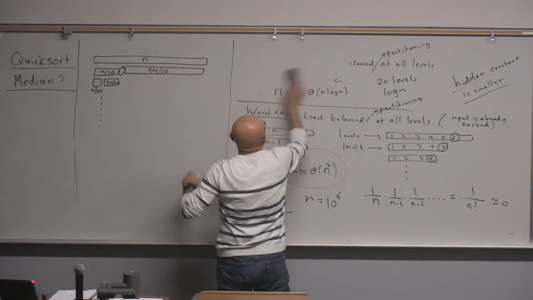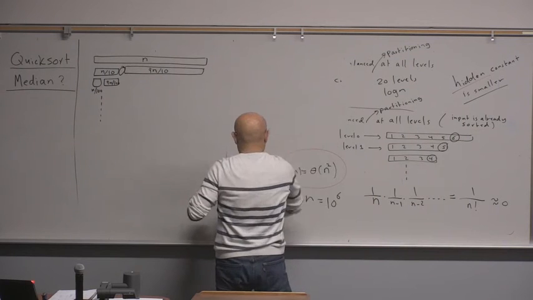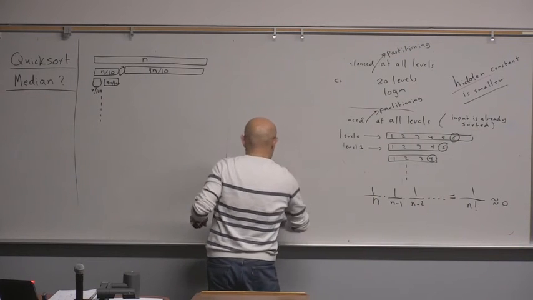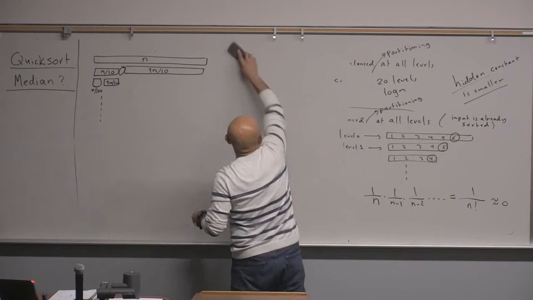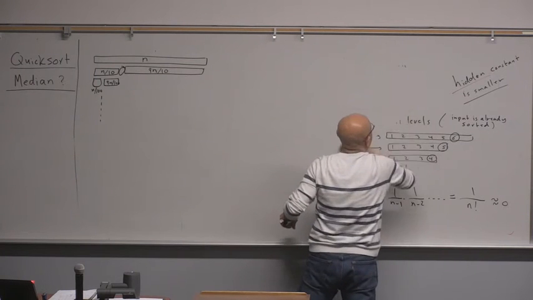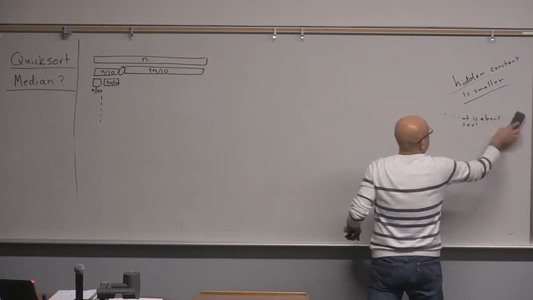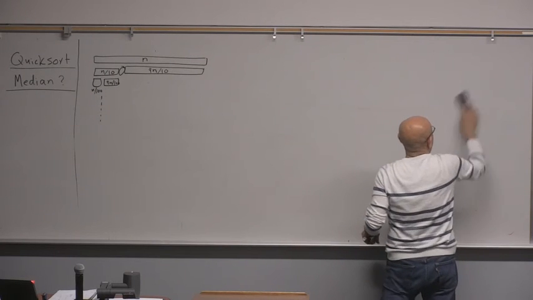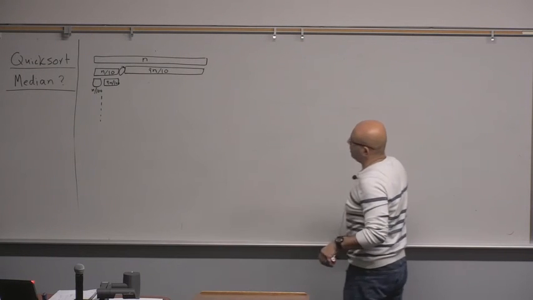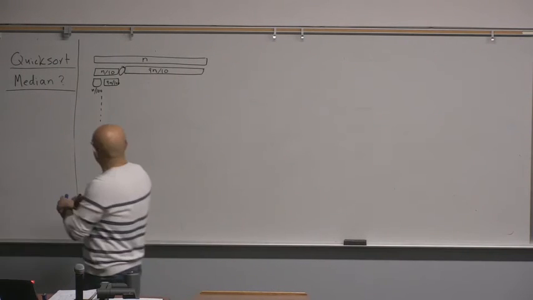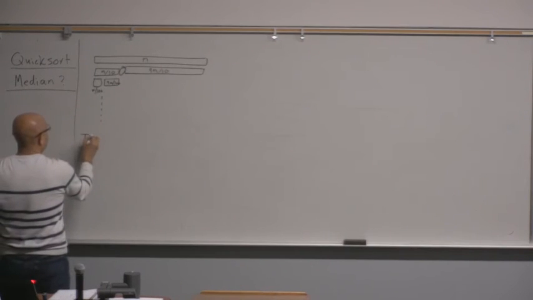So let's analyze this. The analysis is going to be a good practice of the recursion tree method. In this case, if we write the recurrence, we will see that we cannot apply the master theorem, because here T of n equals what?